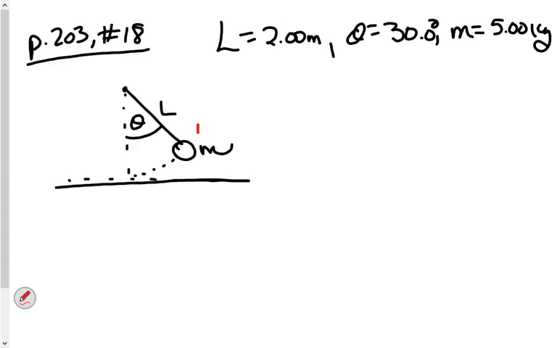So I'm going to let my release point be point 1, and the lowest point in the swing be point 2. So because it's a conservative force, I can say that the mechanical energy at point 1 is equal to the mechanical energy at point 2.